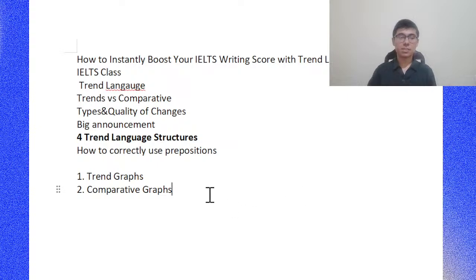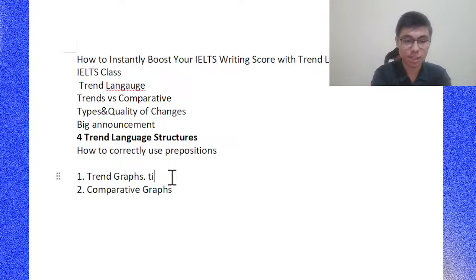The main difference between them is their conditions. For example, a trend graph is a situation when numbers change over time. There is a period, a time frame.